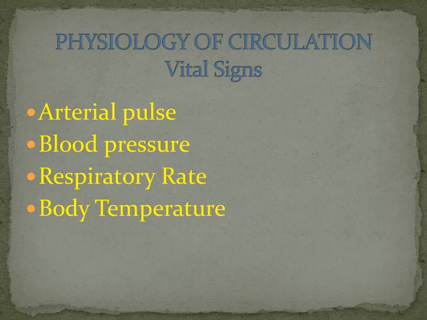So the arterial pulse, if you find your pulse in your neck, for instance, that would be an arterial pulse. That'll tell you something about heart rate, blood pressure, respiratory rate, and body temperature. All of those can be indications relating to circulation and heart function and things like that.